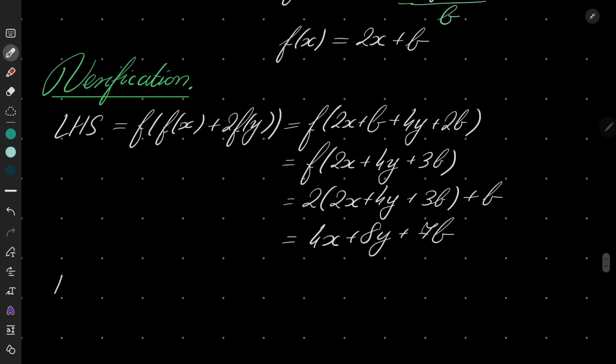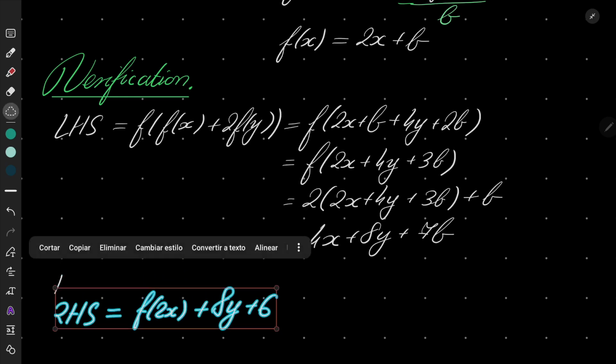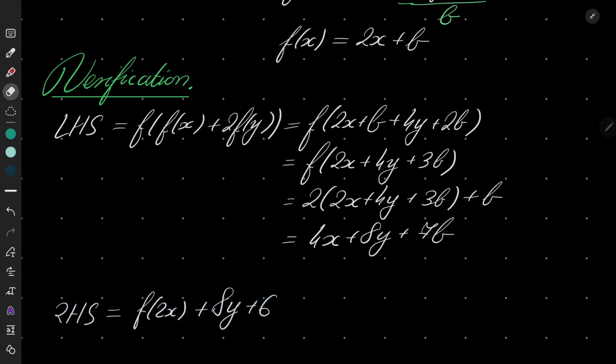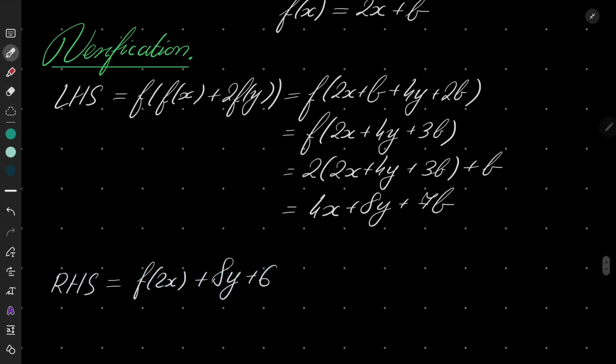At the right-hand side, let's also expand. So we have f of 2x plus 8 times y plus 6. And f of 2x is, well, 4x plus b, plus 8y plus 6.